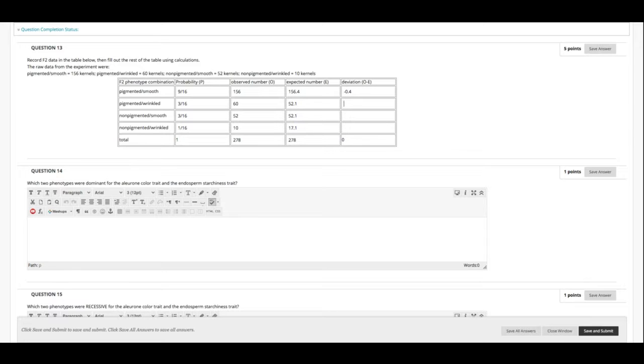I got 7.9 for the next one. The one, the pigmented slash wrinkled. Okay. 52 minus 52.1, let's say, yeah. Okay. And then, and Rhonda says minus 7.1 for the next one.